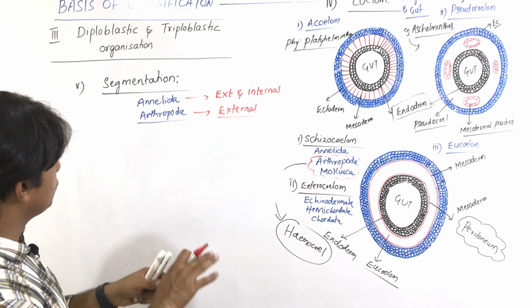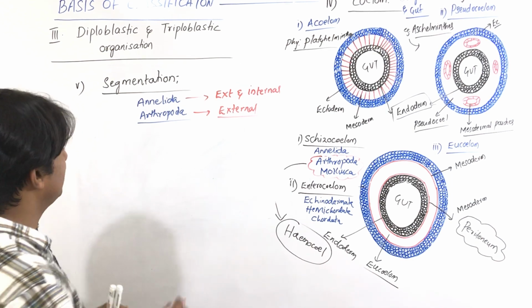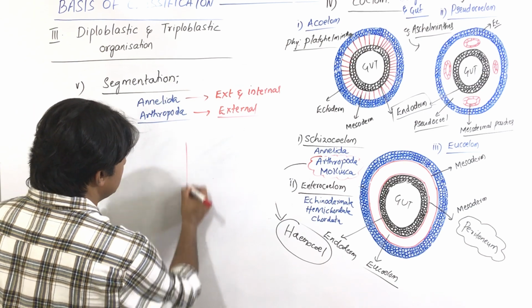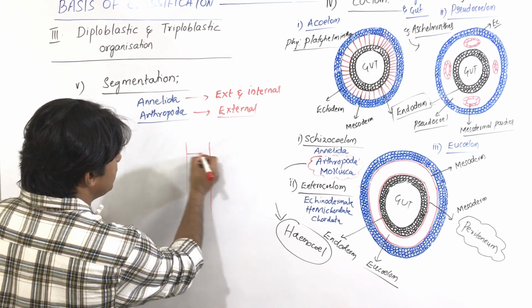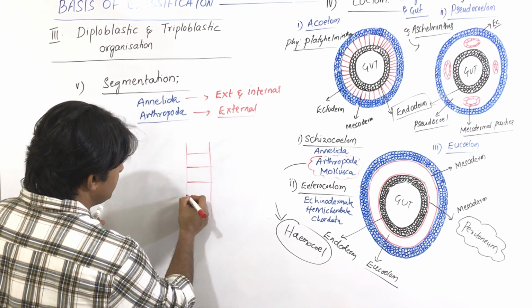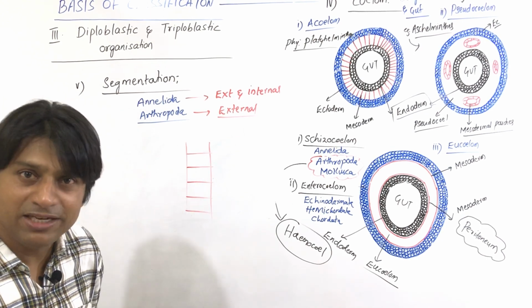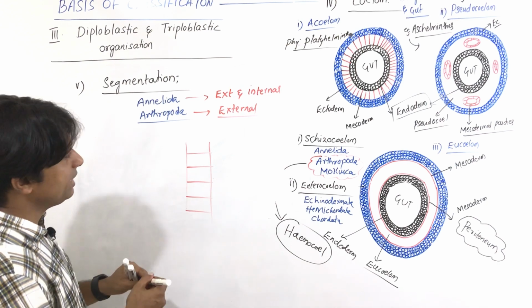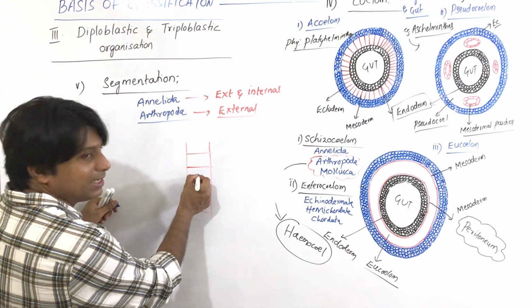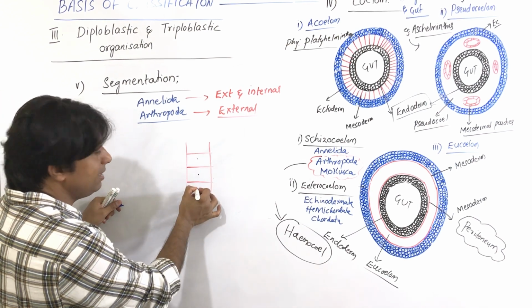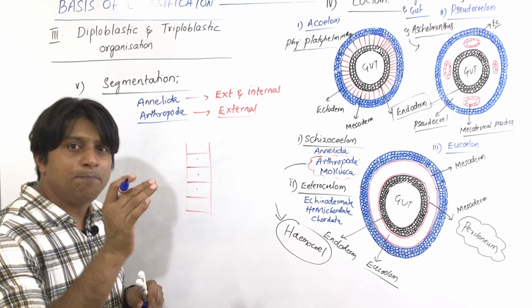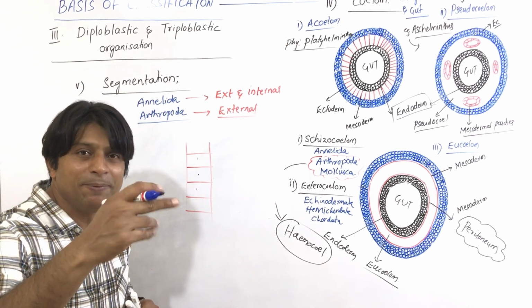Next, when you talk about earthworm, which is an annelid, all these are body segments which are linearly arranged. And in these body segments, every segment represents some parts in a linear repetition.